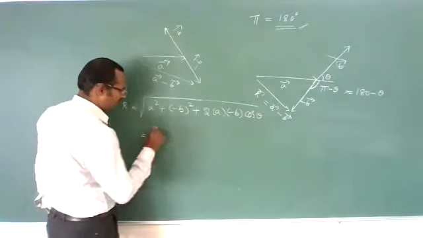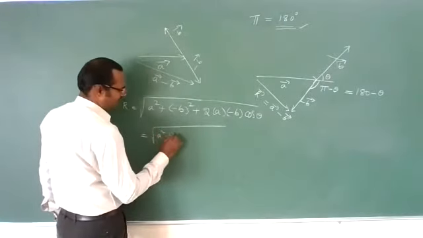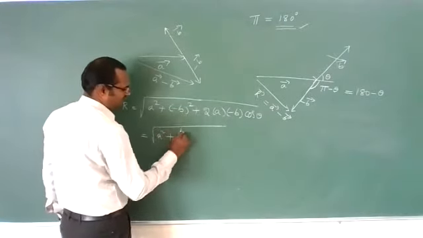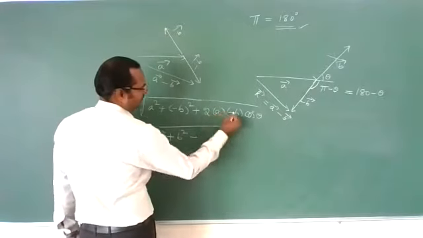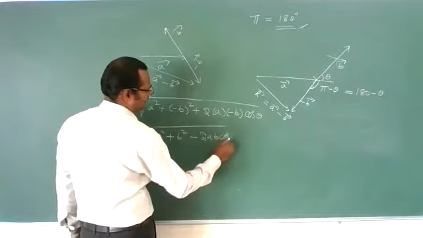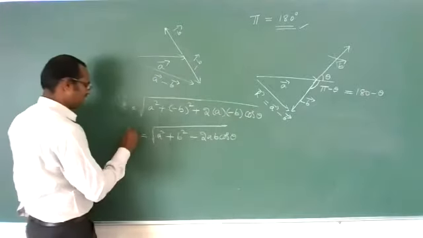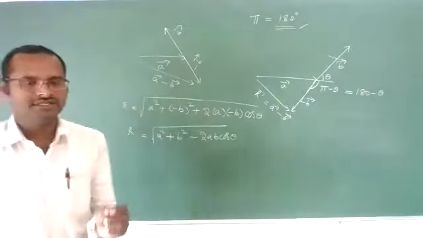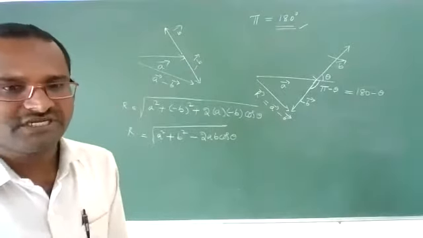So it will be root of a square plus b square, and into minus, it is minus 2ab cos theta. Yes, we got the answer. This will be the resultant. This is how we need to find the resultant. Just remember.